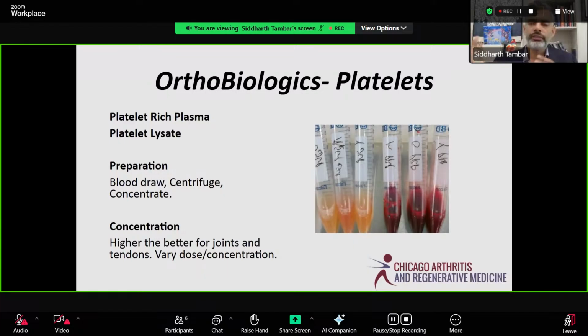You can make it into different types of concentrations depending on what tissue needs to be treated, joints, tendons, or ligaments, or nerves. They can make versions that have cell bodies, ones that don't have cell bodies, ones that have red blood cells, ones that don't have red blood cells. There's a lot of variability here, and it makes a difference because different tissues respond differently.